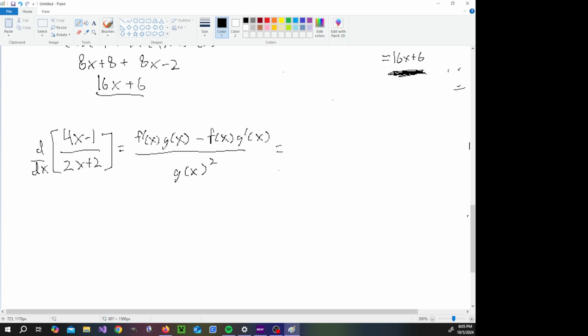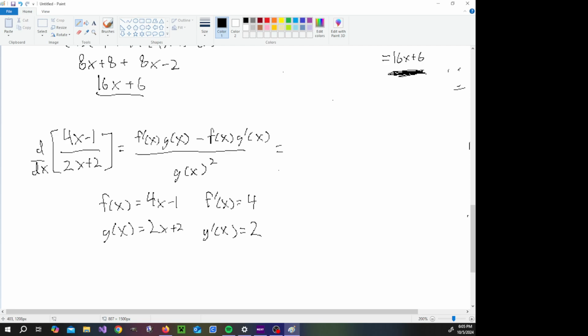Okay, so now the derivative of each piece, again, f of x in this case is 4x minus 1. G of x is 2x plus 2. So f prime of x is the derivative of f. Well, that is a line, so the derivative is a slope, so that's 4. G prime, the derivative of that line is its slope, so 2.